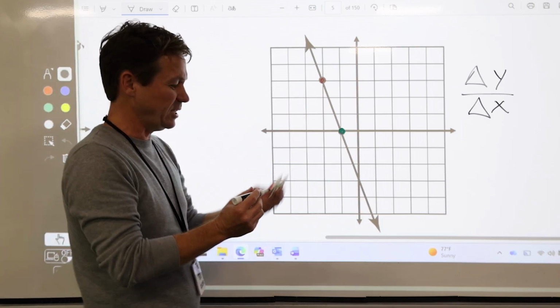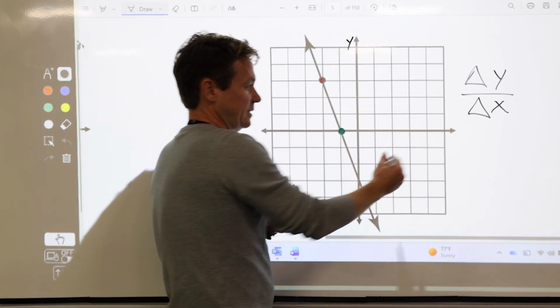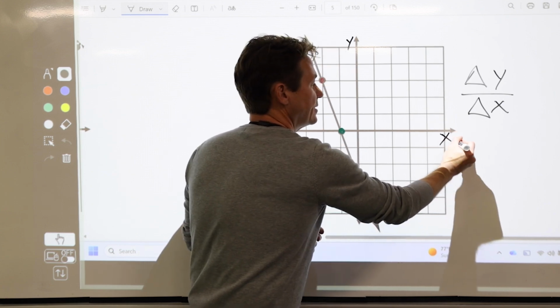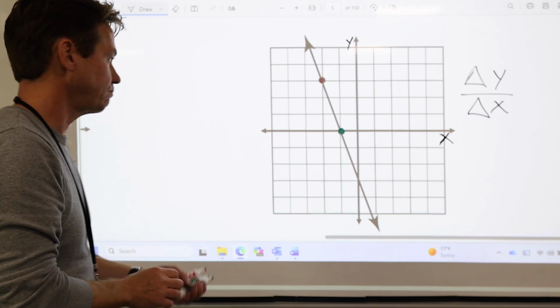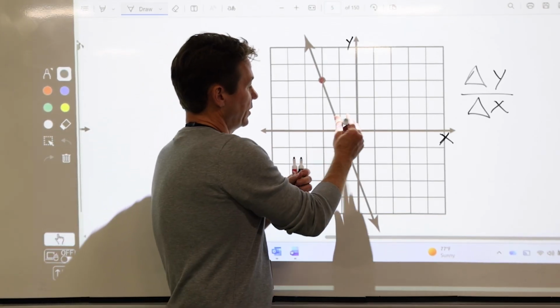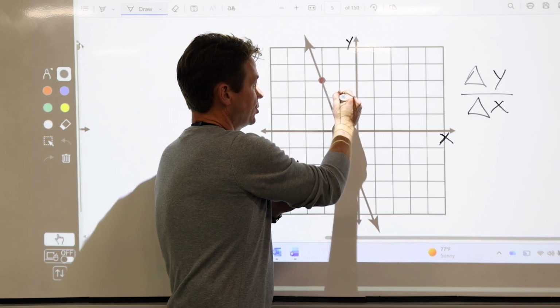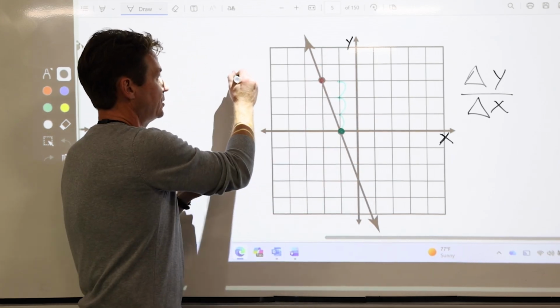So here we go. Sometimes it helps me to go ahead and label the axes. There's our y-axis, there's our x-axis. All right, here's our first point down here. I'm going to go up, 1, 2, 3. We're going up. That's a positive change.